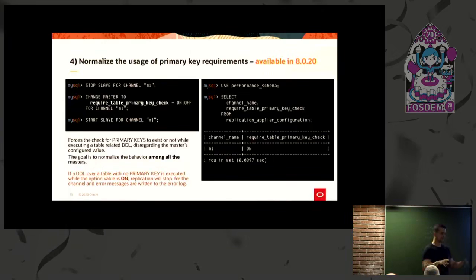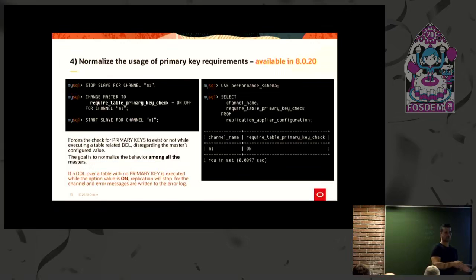What this makes is that different masters may have different configurations, and if we are replicating to the same slave, it may happen that we have distinct behaviors, and we are not able to say on the slave I require this or I do not require this. So we introduced this new option.